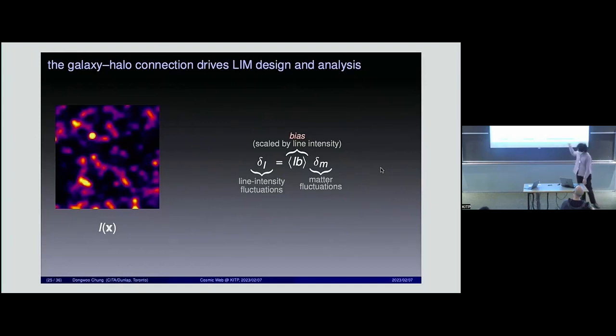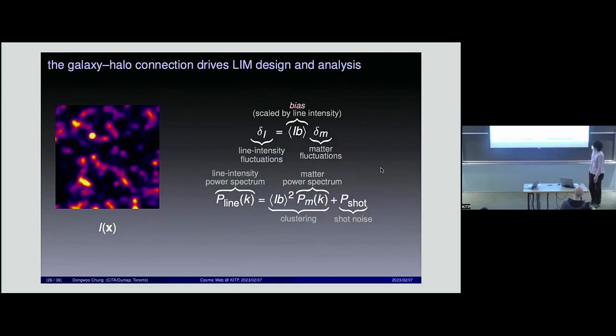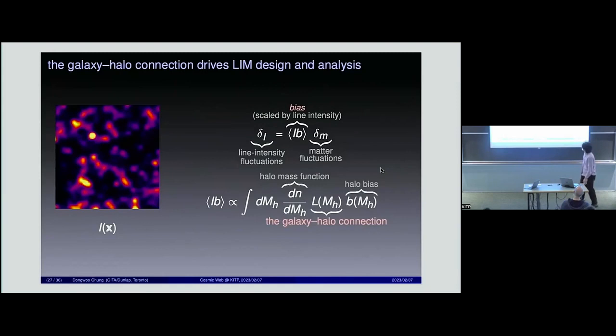What is the bias with which the line intensity field traces the matter density field? Because that impacts your power spectrum, the clustering component of it, and what's at the center of that? It's the relation of the line luminosity to properties, for example, like the halo mass in a very simple sort of linear halo model.